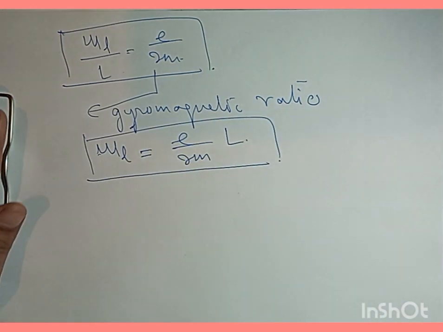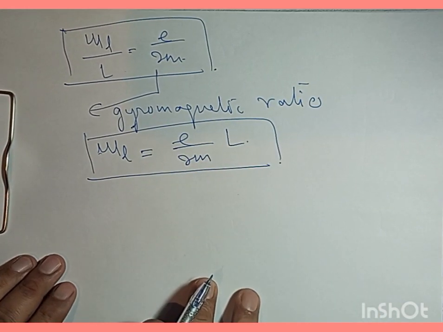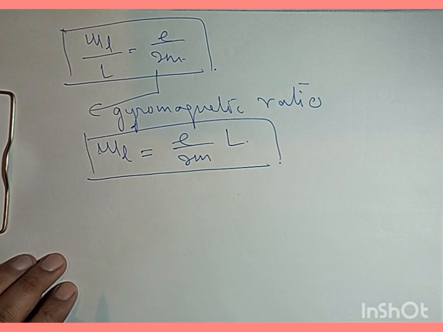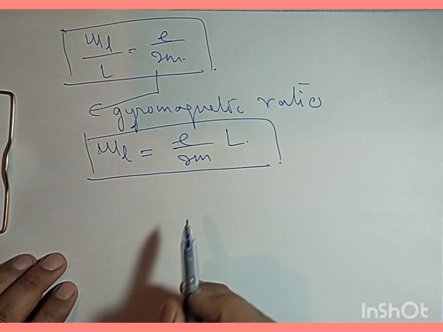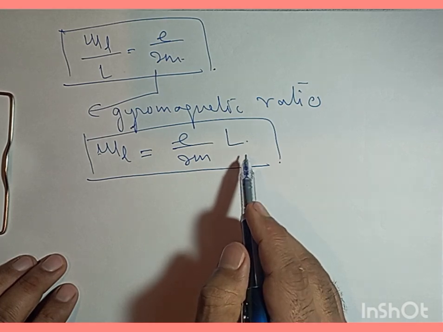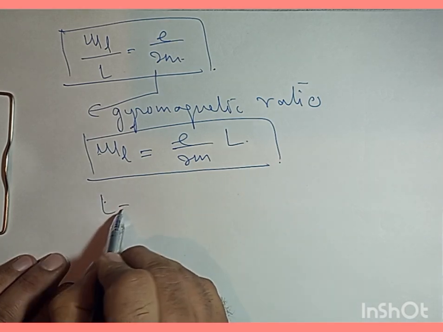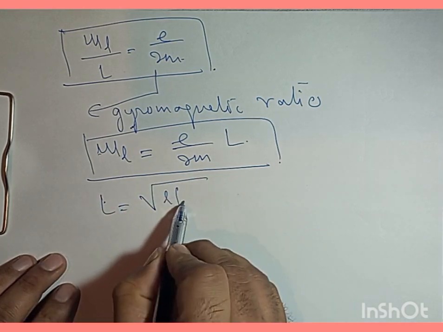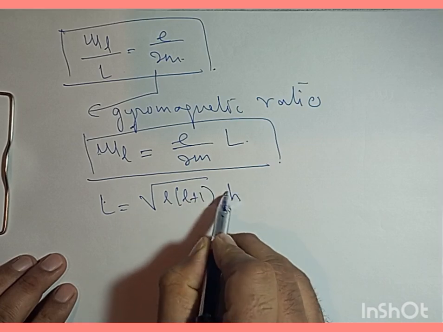Now I would like to start things from here. I'm taking the magnitude, and what's the value of this L from Schrodinger's point of view? This L is under root of l times l plus 1 h cross.